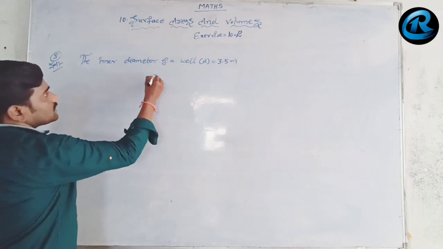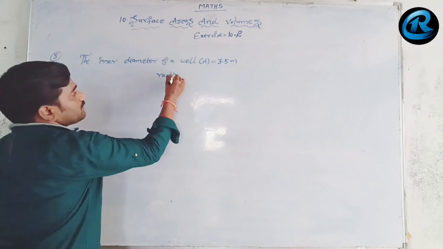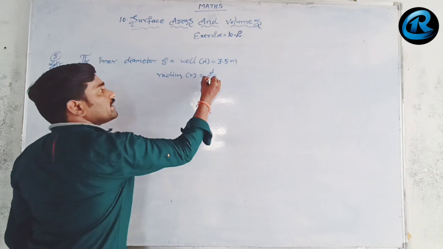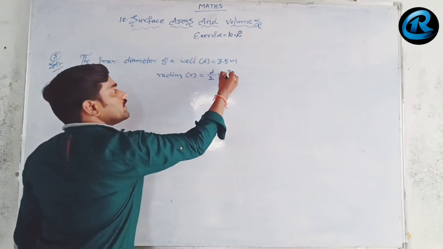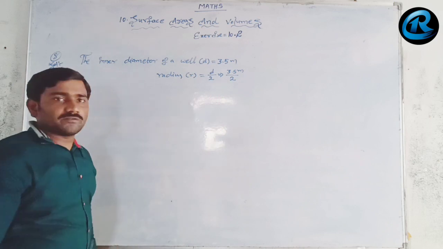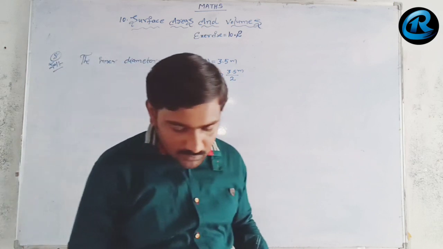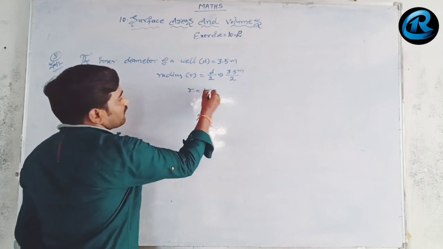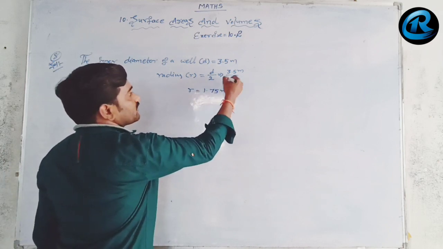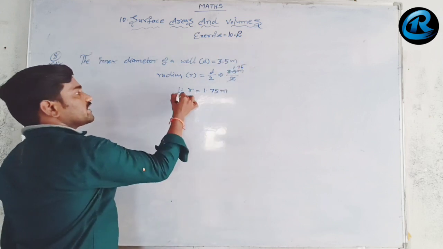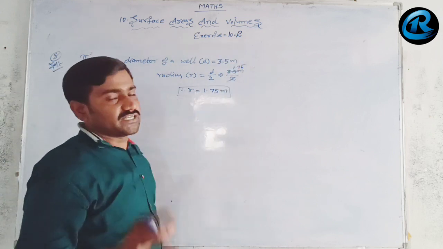Then the radius becomes R equal to D by 2, that is 3.5 meters by 2. So that will be equal to 1.75. R equal to 1.75 meters. This is the inner radius of the cylinder.